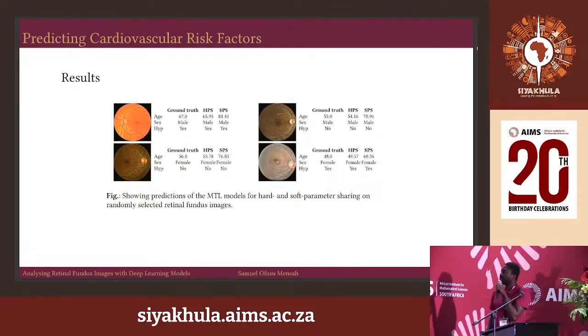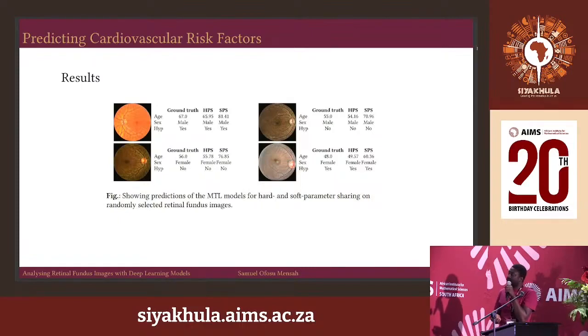So also we show some results for that. We have 4 random examples, and for each one of them we have the ground truth and the corresponding predictions. So for age, the individual is 67 years old, and the HPS model predicted 65.95 years, which is quite close.